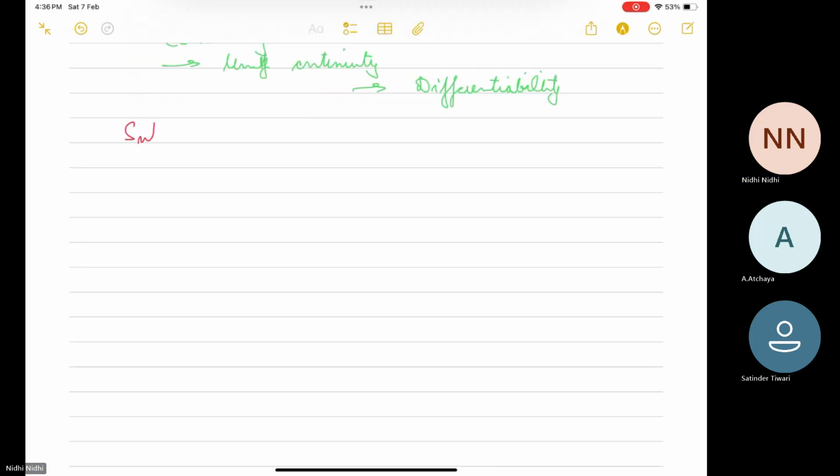Suppose f is a function defined from some subset of R to some subset of R. Obviously firstly it should be continuous, then only we can talk about differentiability. Let it be a continuous function.